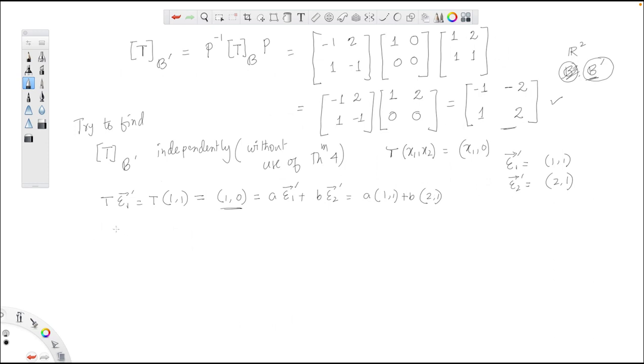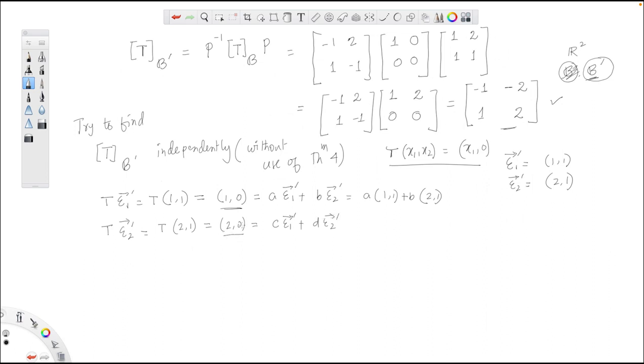Okay, so do the same for the vector epsilon 2 prime. So have it acted upon by T, and that means T is acting on this ordered pair, and according to this formula it's going to be (2, 0), and I write it as C times epsilon 1 prime plus D times epsilon 2 prime.